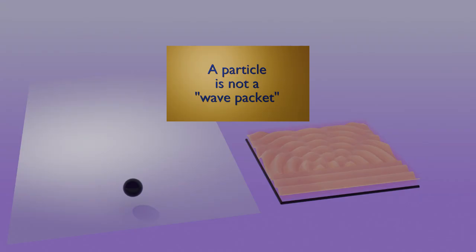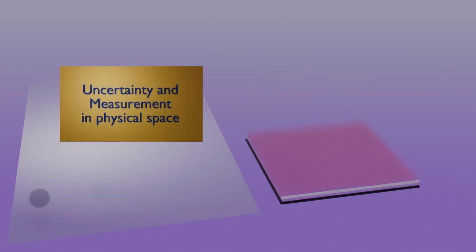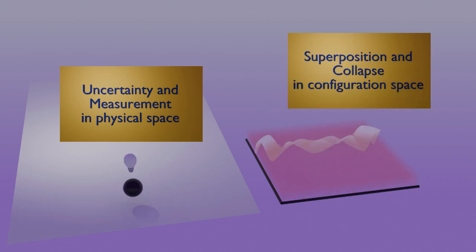They are different things in different spaces. When the wave function smears out, that just means we lack information about the particle. It doesn't mean that the particle actually exists in multiple locations. Uncertainty and measurement occur in physical space. Superposition and collapse occur in configuration space.